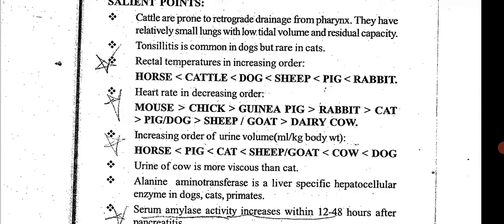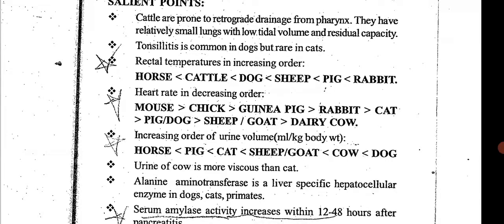And increasing order of urine volume is as follows. Maximum urine volume in ml per kg is of dog. Dog has a maximal urine volume compared to its body weight, and horse and pig have the minimal urine volume compared to their body weight.